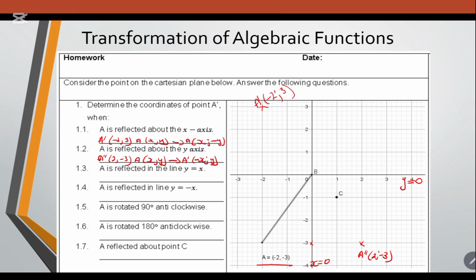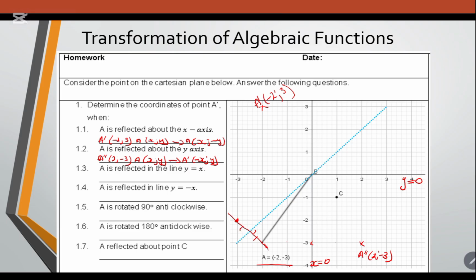Now, a reflection, when A is reflected about the line y is equal to x. So quickly, let us represent the line y is equal to x. Here is the line y is equal to x. So for a reflection about this line, remember, I can simply draw a line through this point that I'm reflecting. That line should be perpendicular to the reflection line. And therefore you check this distance must be equal to the other distance from the reflection line.